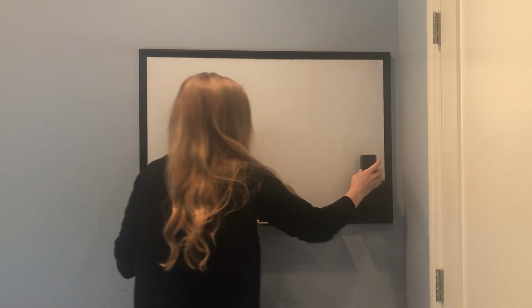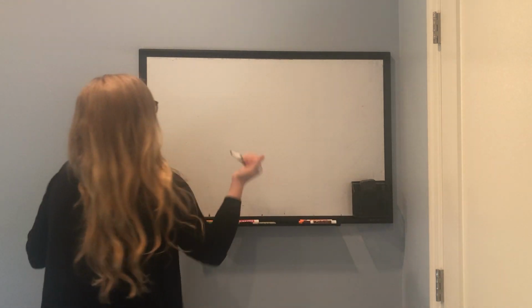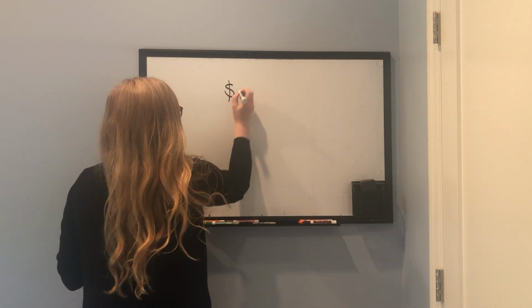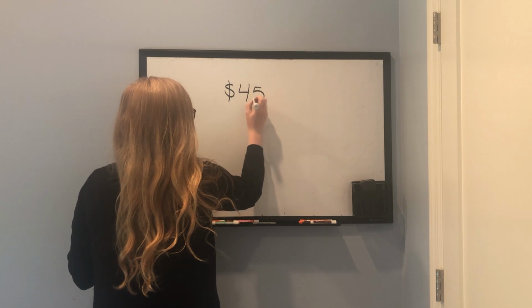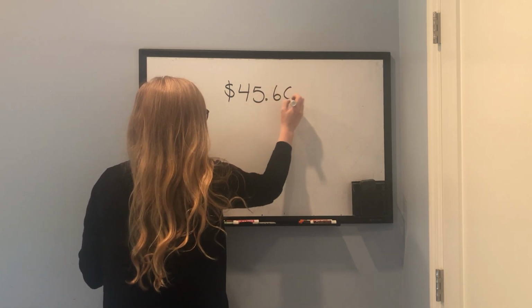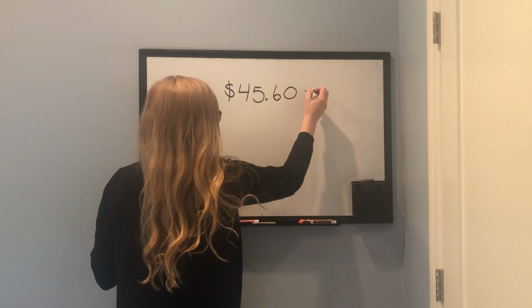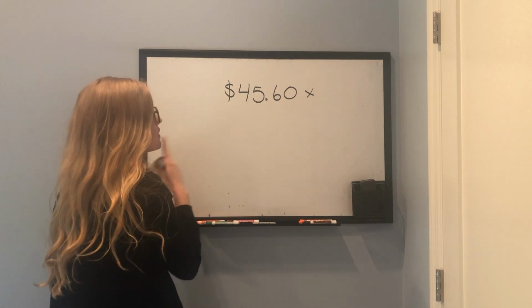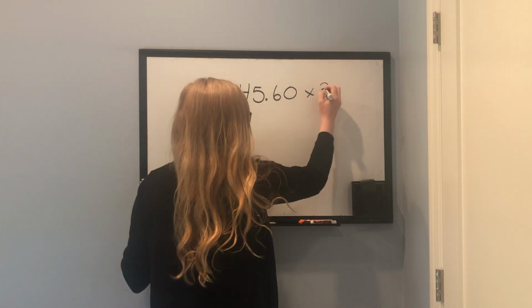But when we get to working with bigger numbers, it gets a little bit trickier, okay? So let's do one with 2 digits in the cents and 2 digits in the dollar place. So we'll do 45.60 times, let's say, 3.